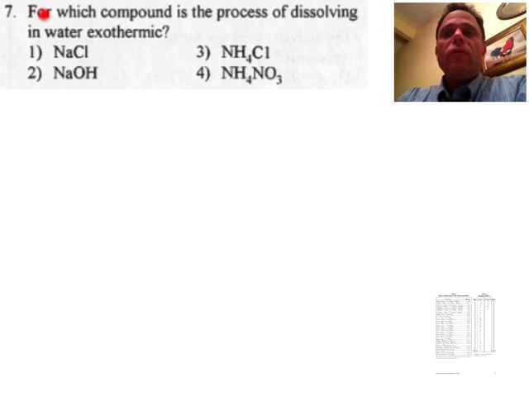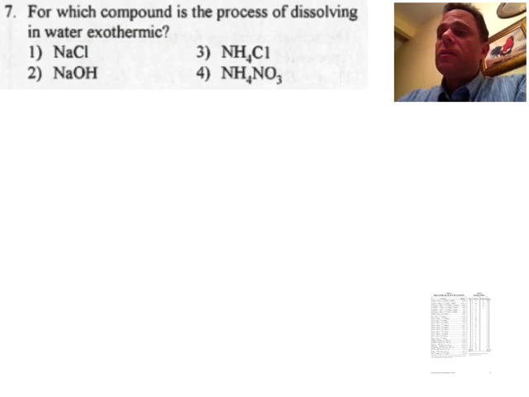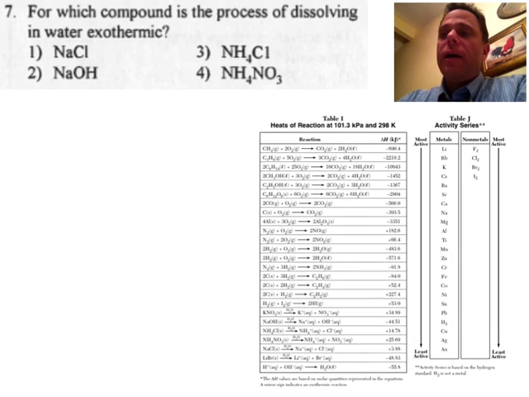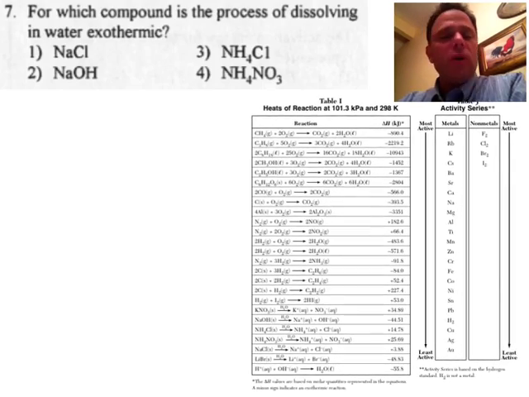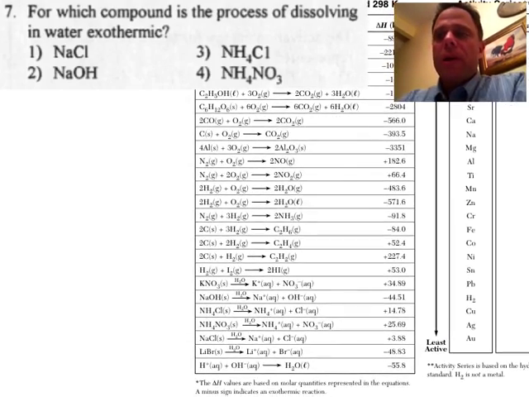Question 7. For which compound is the process of dissolving in water exothermic? All right, we have a table that we examined in class called Table I, and it helped us understand some of the reactions if they were endothermic or exothermic.